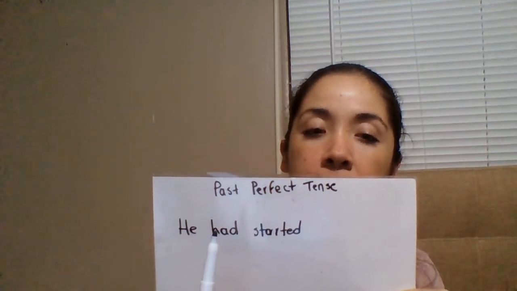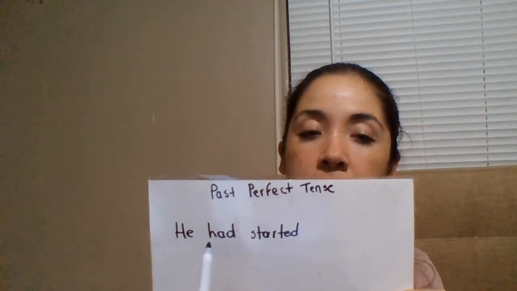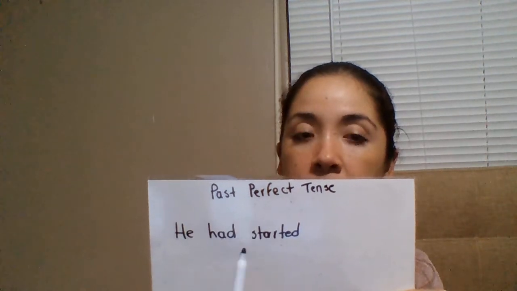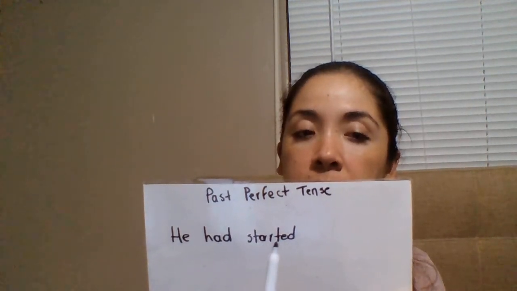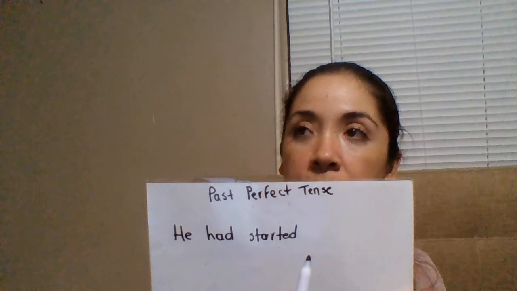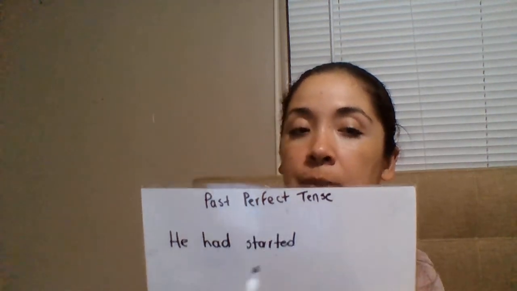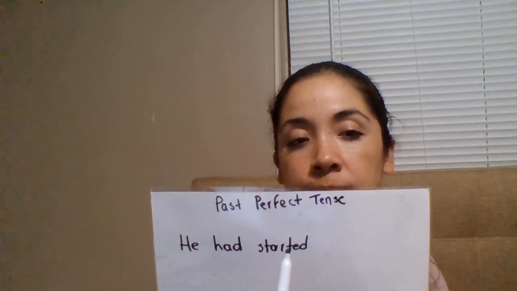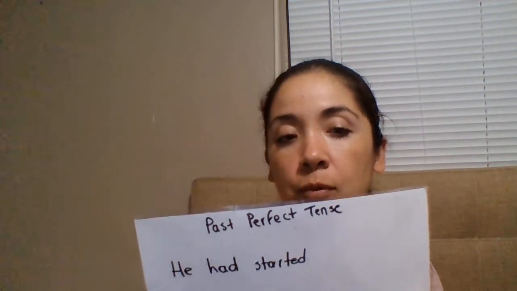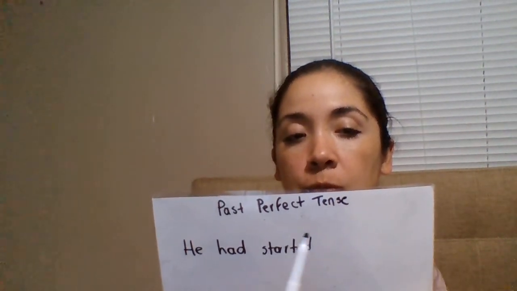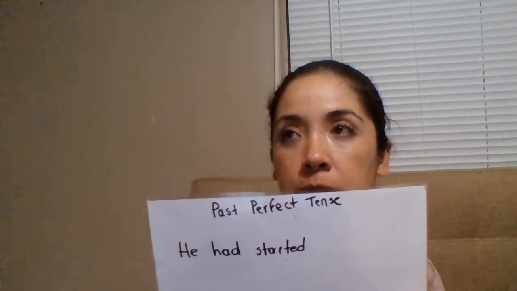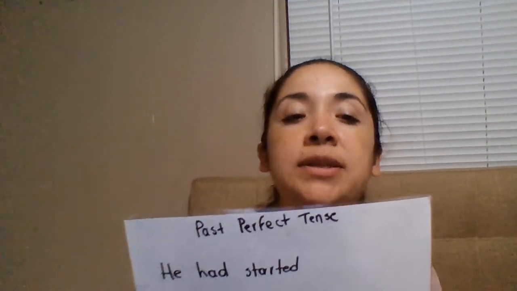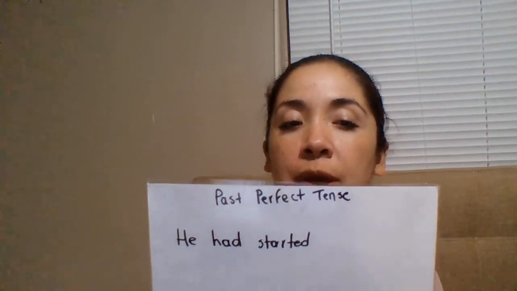He had, which is the auxiliary verb. Started is the past participle of the verb. But what happened with this verb? It's a regular verb. It's not an irregular verb.